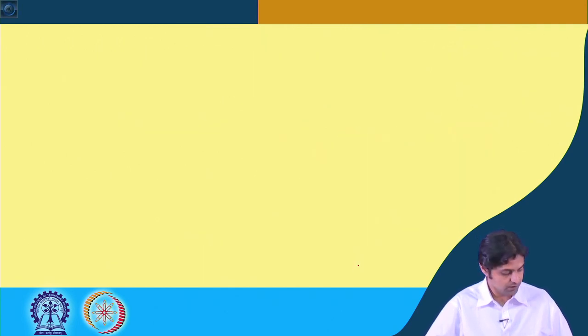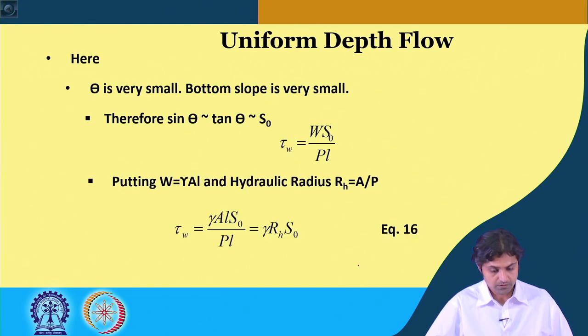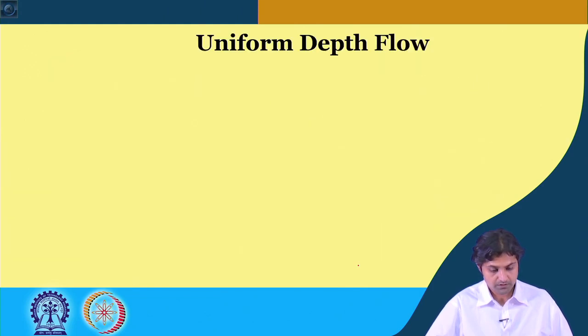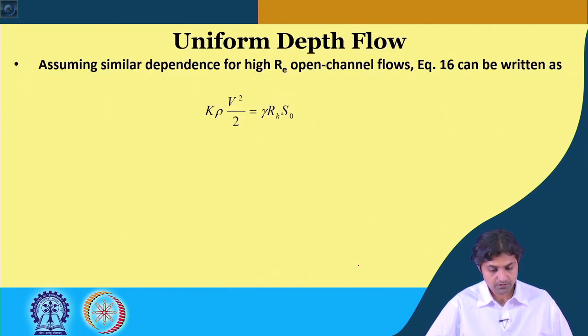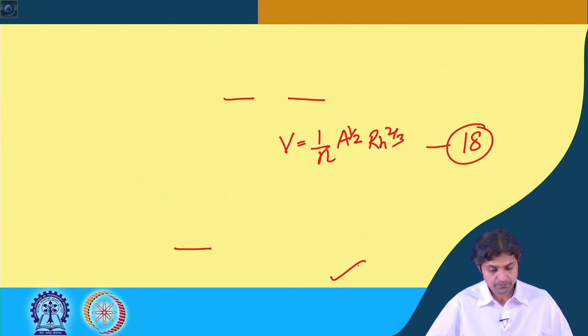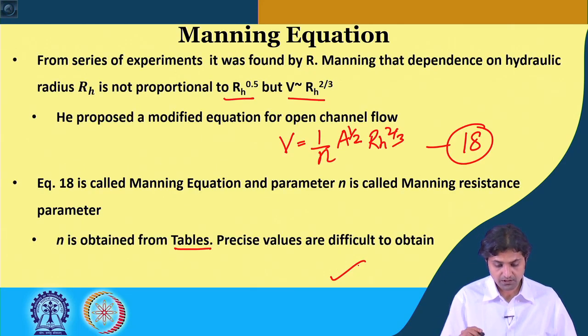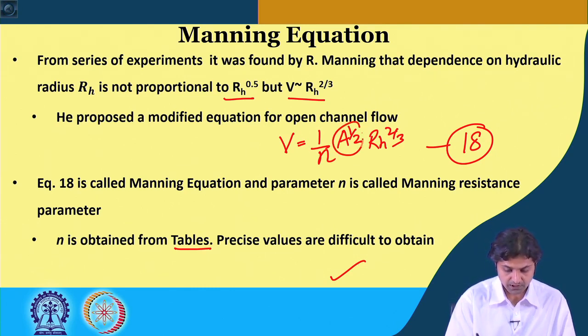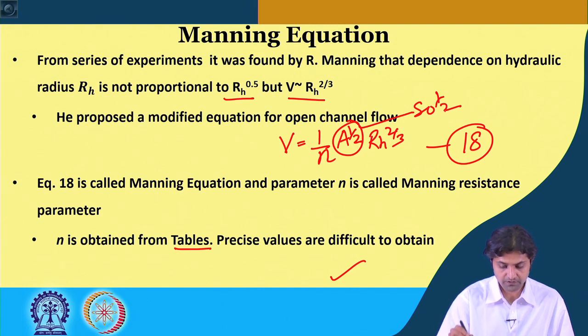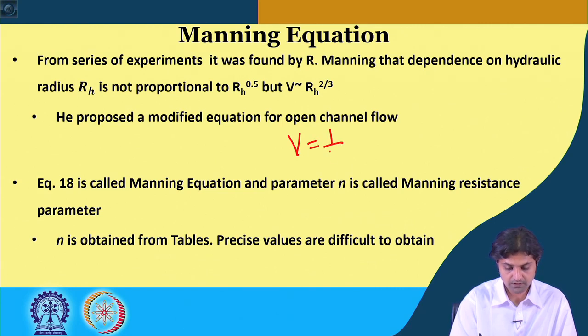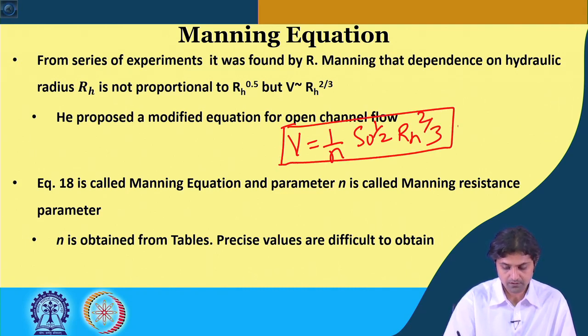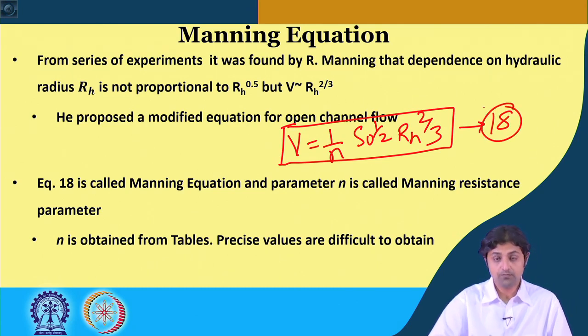So, I will just go to the Chezy's equation. So there is a correction here actually. So, this is not A, that is S naught to the power half. Okay. So, I will rewrite it, sorry for that. Okay.